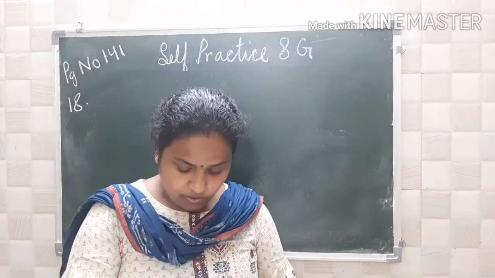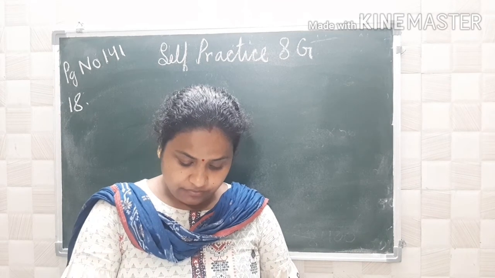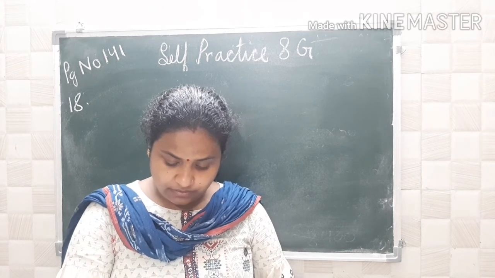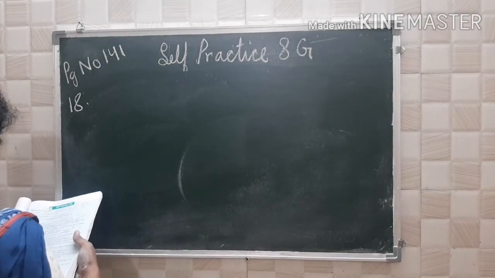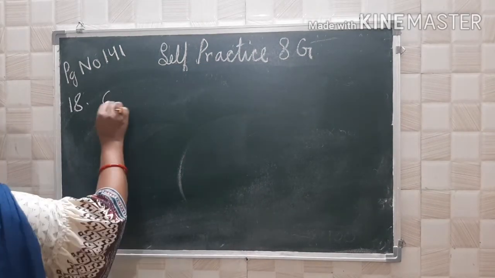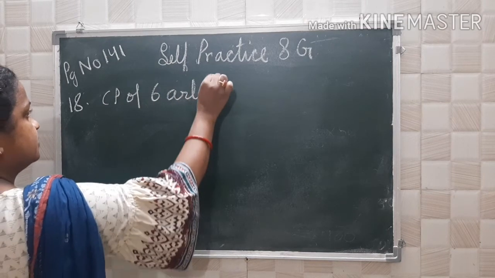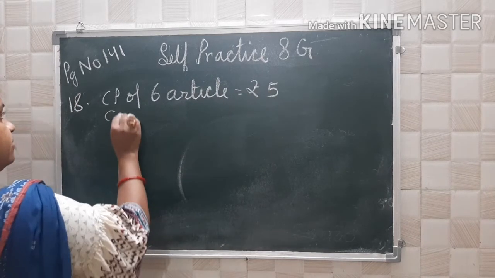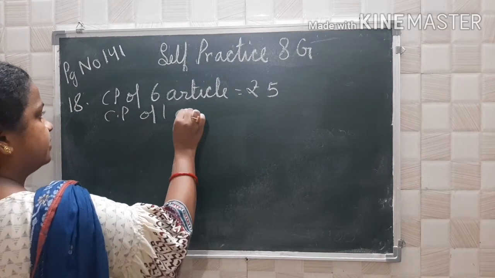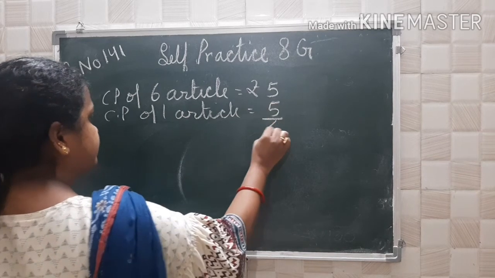Some articles are bought at 6 for rupees 5 and sold at 5 for rupees 6. Find the gain percent. CP of 6 articles is equal to rupees 5, CP of 1 article is equal to 5 by 6.